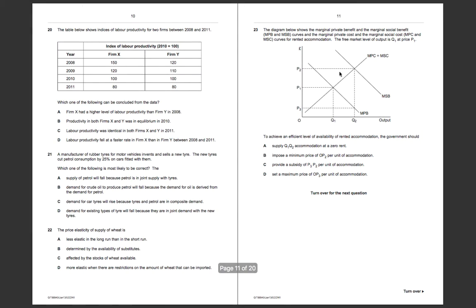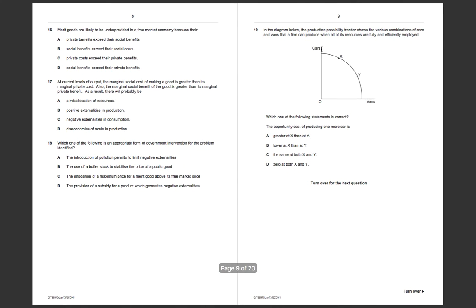So on to 19. We have a production possibility frontier with cars and vans, and this is what a firm can produce. So we're looking at a microeconomic production possibility curve because it's a combination of goods that a firm can produce, from all cars and zero vans to all vans and zero cars, or anywhere in between.